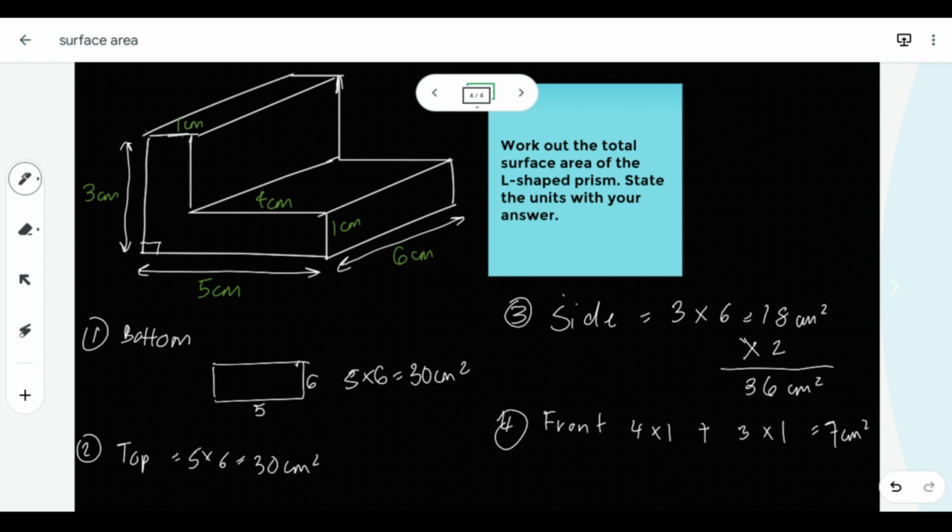And then the back of the shape would be exactly the same. So I've seen that here, number 5. Be exactly the same to give you 7 centimeters squared.